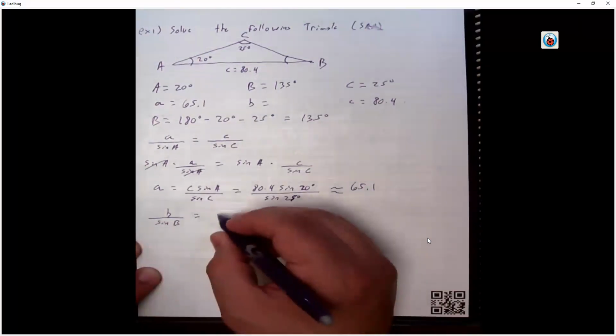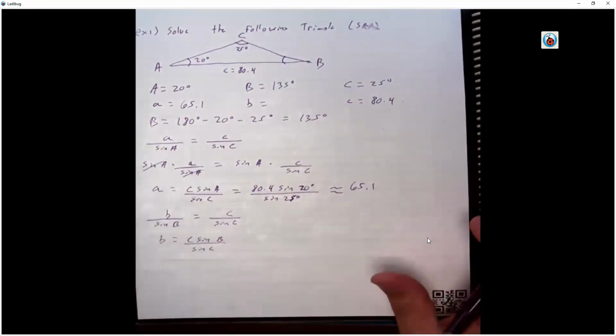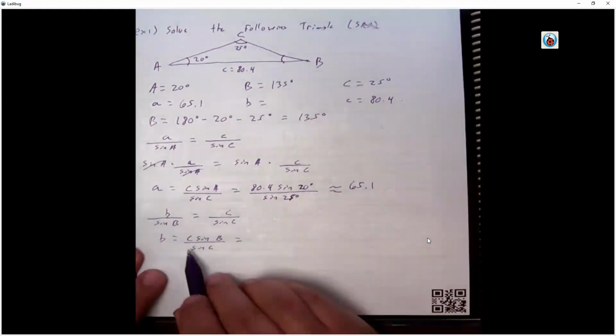Okay, so c over sine C. Solve for b, and you're going to end up with c sine B over sine C. I multiply both sides by sine B. I didn't show it this time. Plug in c and all the angles.